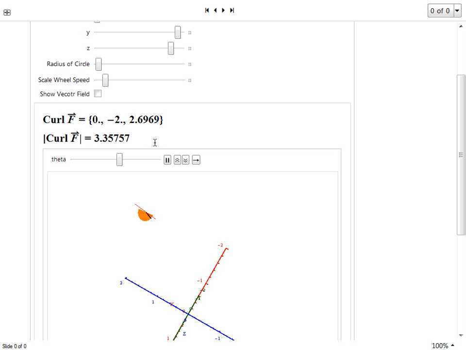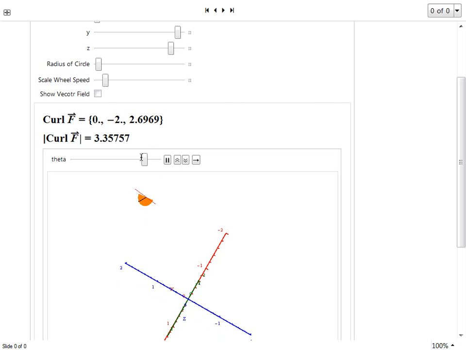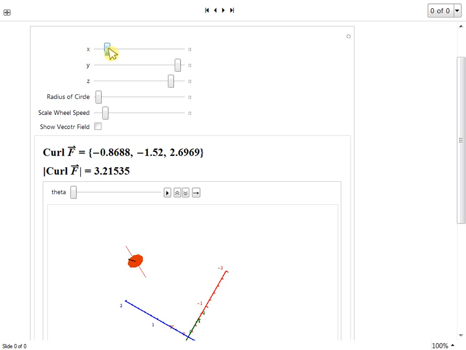I might have gone outside the domain. You see how much faster this one is? There we go. Curl's 3.2, the magnitude of the curl. So that's a much faster rotation than it was before, isn't it?